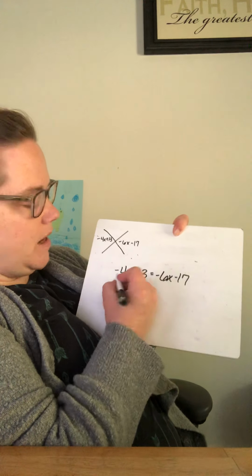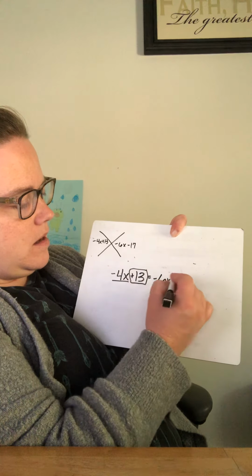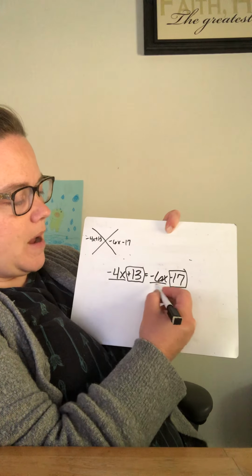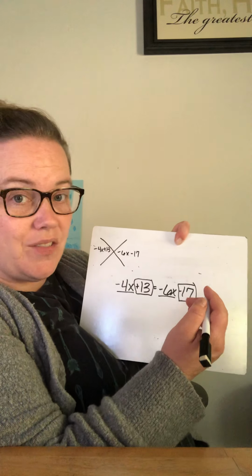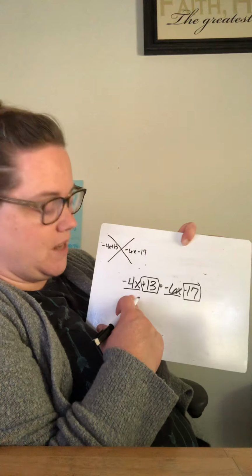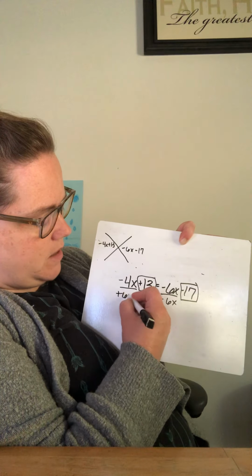Then I'm just going to combine like terms, 4x and 6x, and 13 and negative 17. So I'm going to keep my x positive. So I'm going to move this negative 6x to this side. So plus 6x, plus 6x.